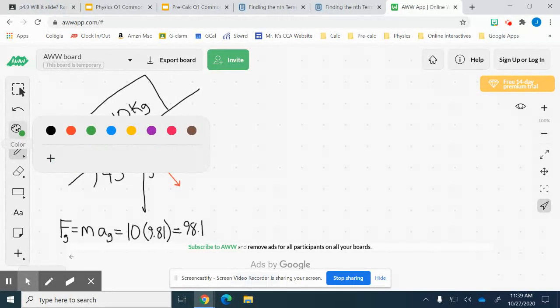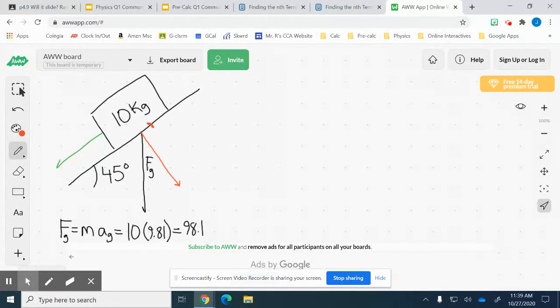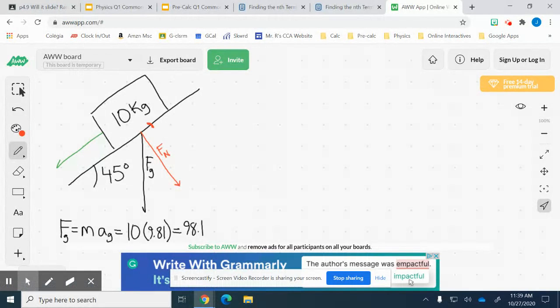So I'm going to be a little loose here and call this one the normal force, even though we know the normal force is actually the one going up, the ramp pushing back up on the block. But we're just going to call it that for now.